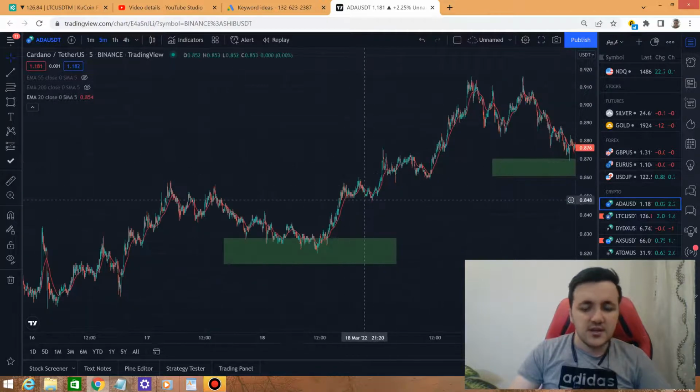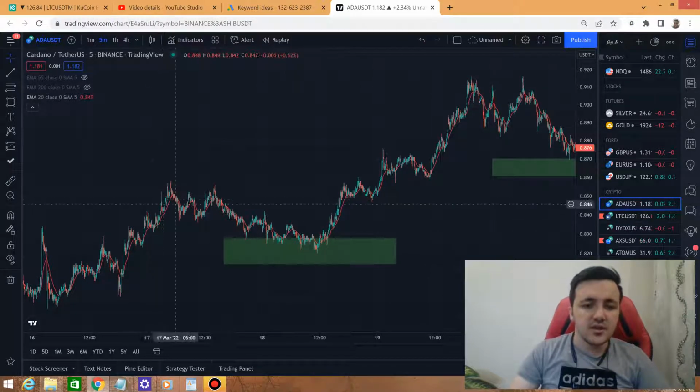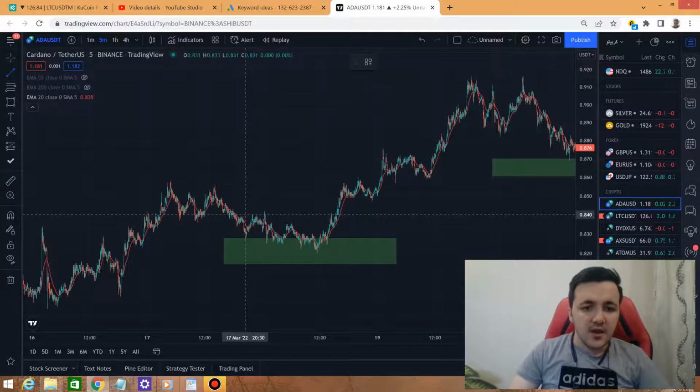We need a trigger for entering the trade. I usually use a trend line.